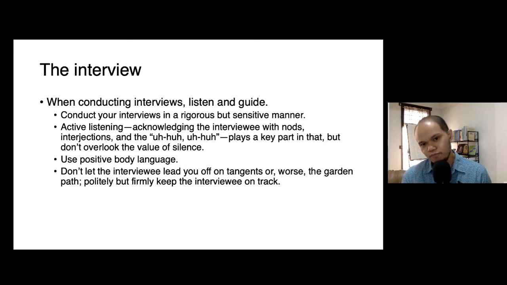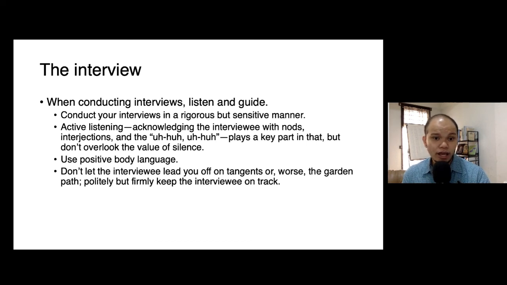And if you are having some difficulty extracting information, even if it's prepared, sometimes we think that if we prepare the question, it's like the ultimate question and nobody is going to refuse to answer it. Well, it doesn't work that way. It's possible that your prepared questions will not elicit a very generous response from the interviewee.